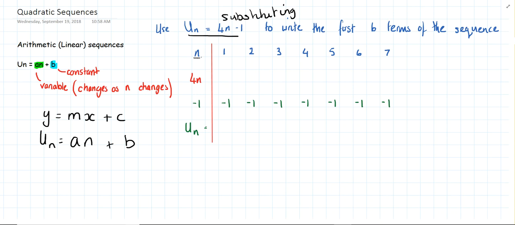Why do we start at 1 when we're doing sequences? Why not minus 2 or 0? Because in the sequence, 1 is like the base number in a sense.